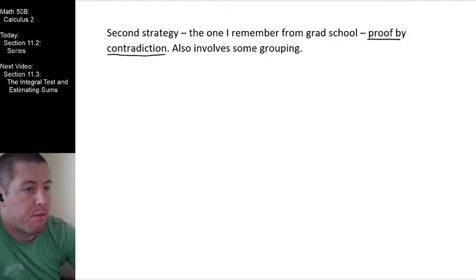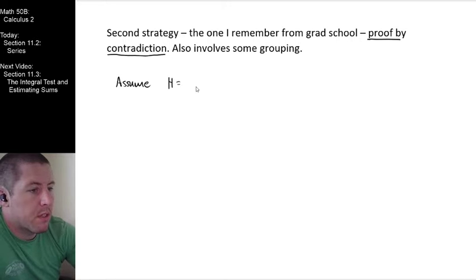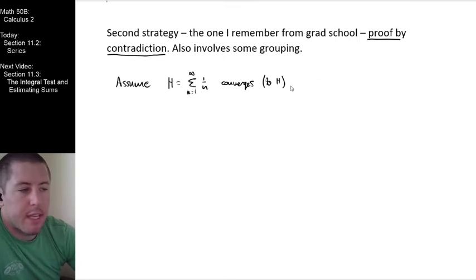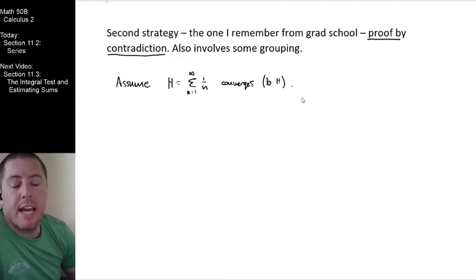So, proof by contradiction, we're going to assume that H equal to the sum from n equals 1 to infinity of 1 over n converges. We sort of named this thing H, but we're assuming it converges, so H is the value of the convergence. It's the number that we converge to.